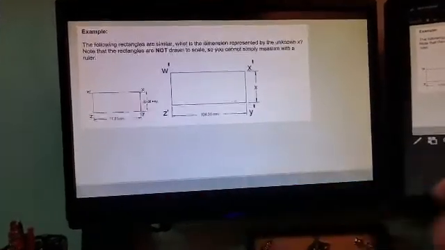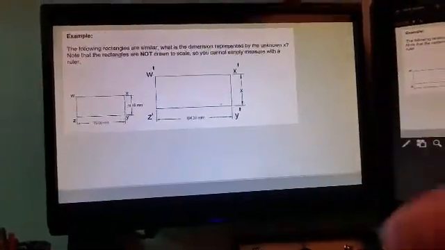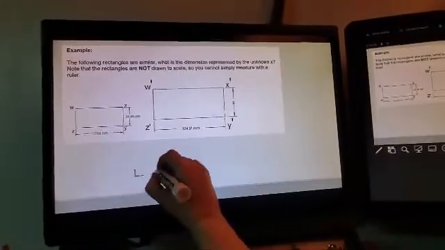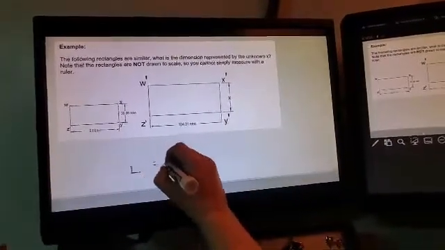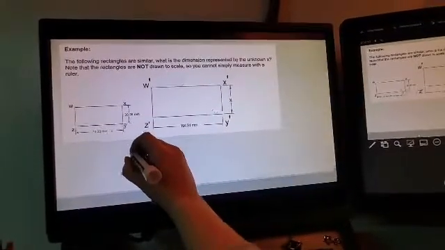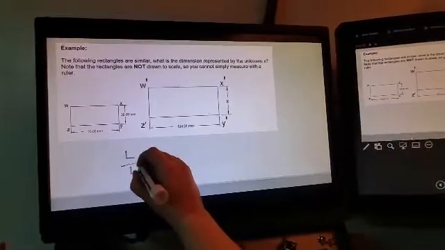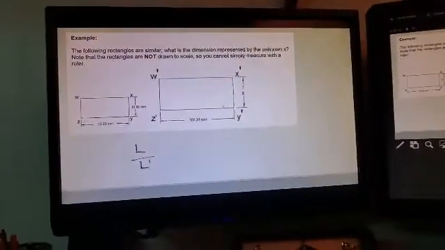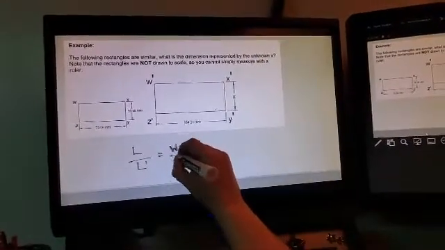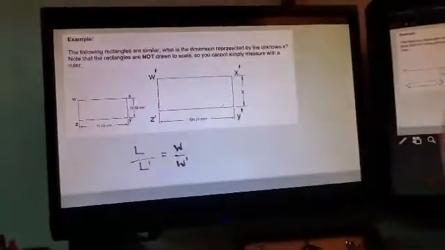Now, my known lengths, so I've got my length and then length prime. Then I've got my width and width prime.